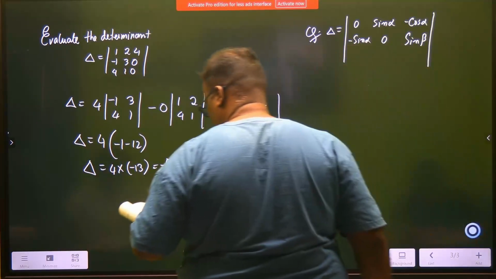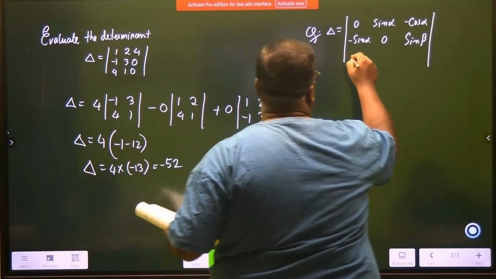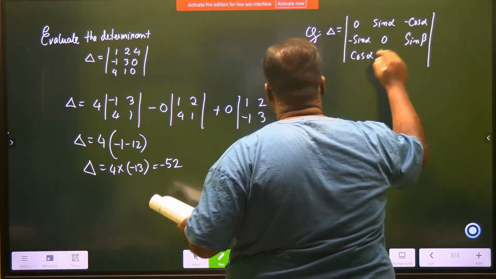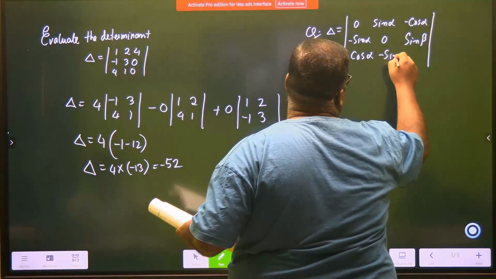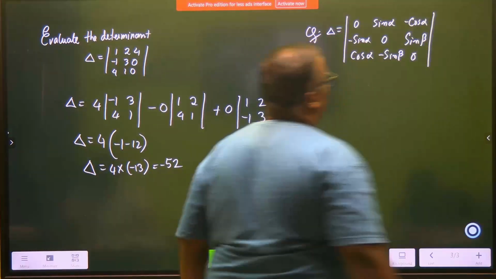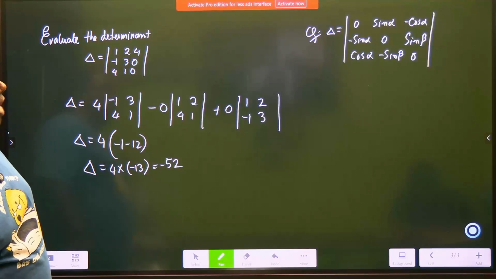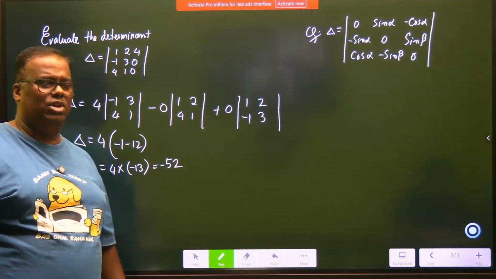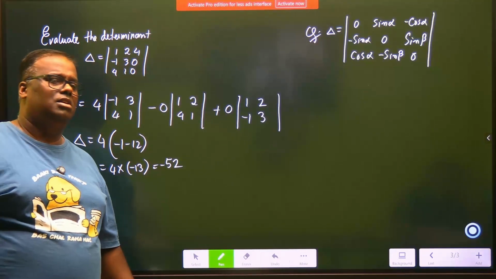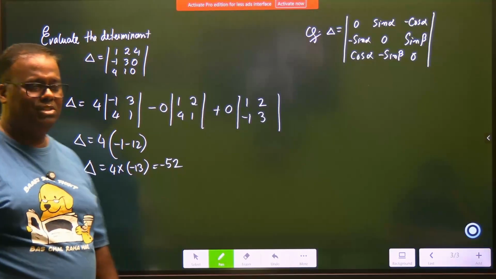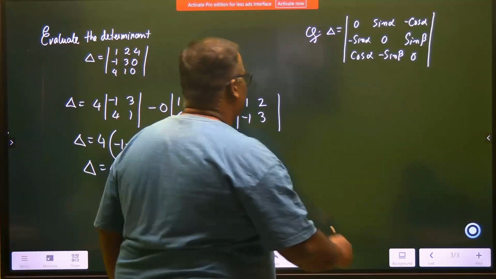Sin beta, cos alpha, negative sine beta, 0. That's a diagonal. How will you like to expand it? You have no choice. The best is to go by the first row. Easiest way. So let's go by the first row.